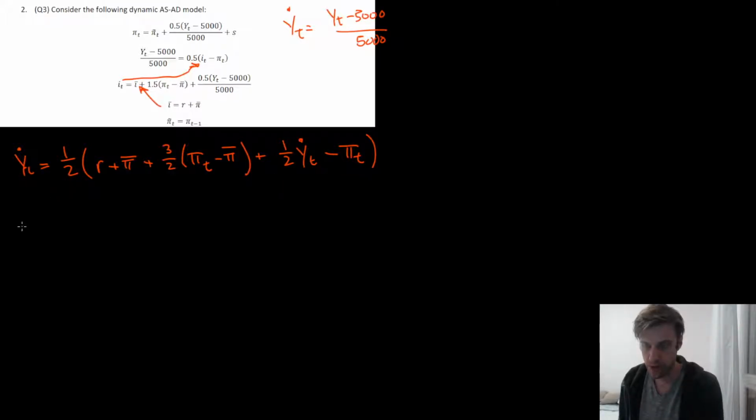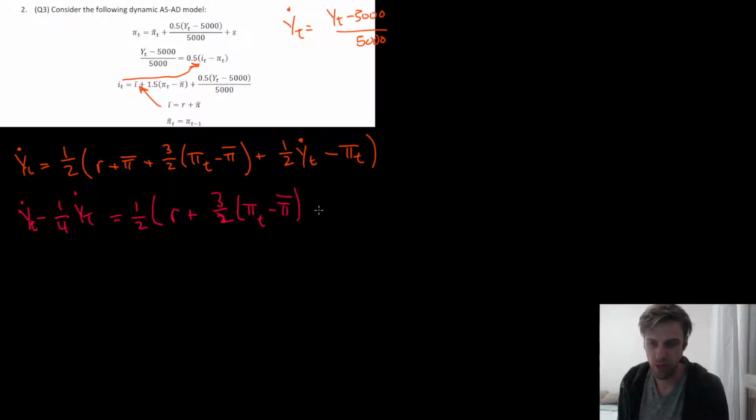So I get 1/4, and I'm going to subtract that. So I'm going to have yt dot minus 1/4 yt dot equals 1/2 r plus 3/2 pi t minus pi bar. And I'm going to add some parentheses here, because I'm allowed to put parentheses wherever I want. I have pi bar minus pi t, like this.